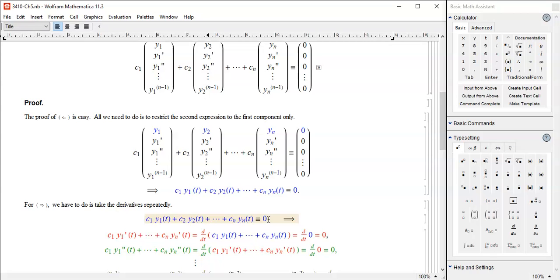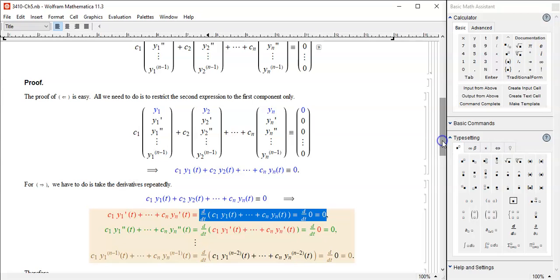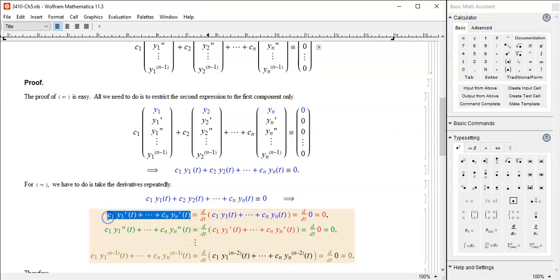And from here, let's take the derivative. This is constantly equal to 0, so the derivative of constant 0 is, of course, 0. But then again, what's the derivative of this first row? That is the second row: c1 y1 prime, c2 y2 prime, plus all the way up to cn yn prime.